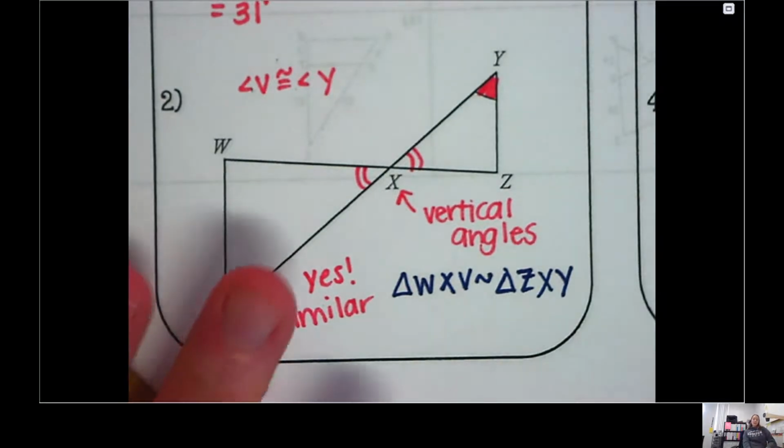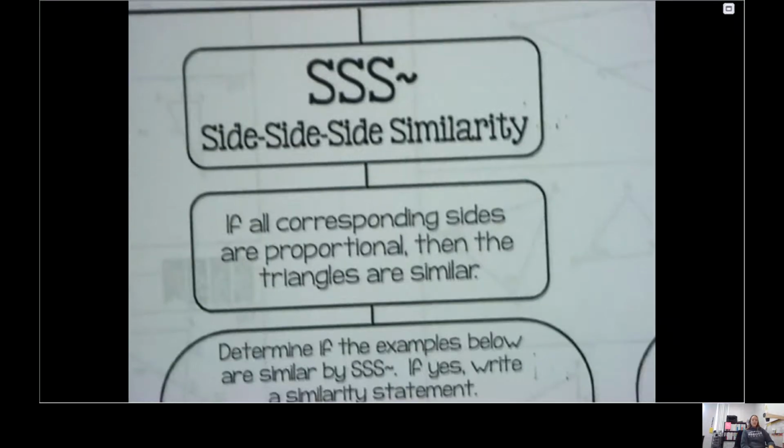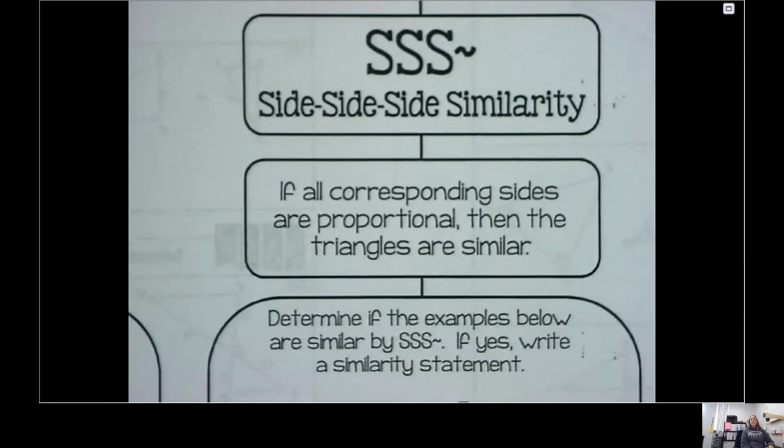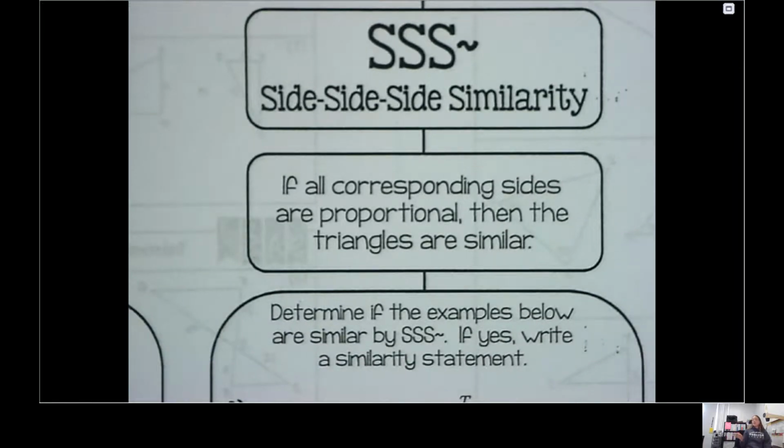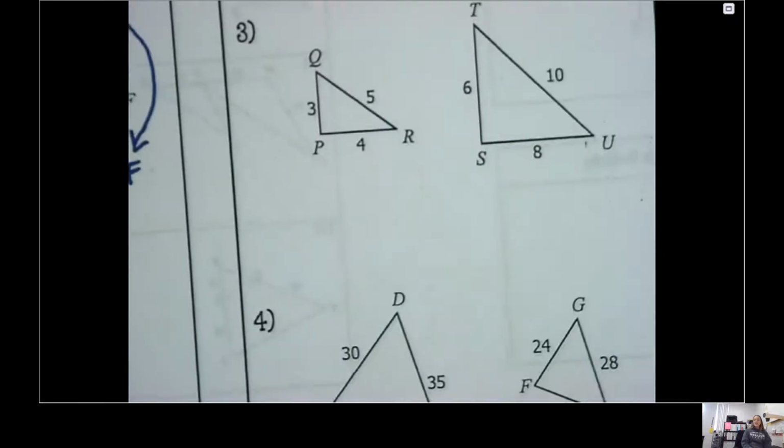All right, next one. Side. So side similarity is a little different than when we did it with the congruency ones. In side, obviously you're not going to have the exact same numbers, because if you had the same numbers, then they would be congruent, not similar.